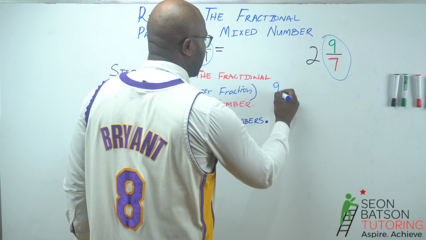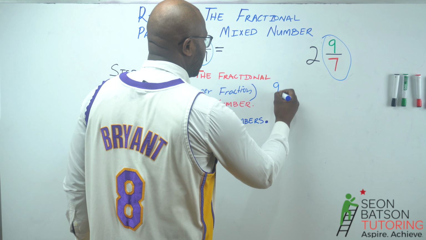So, let's go. Again, the first step will be to change 9/7 to a mixed number. And remember, to change an improper fraction to a mixed number, we will divide the numerator by the denominator. So let me draw my house. The denominator goes outside and the numerator goes inside.